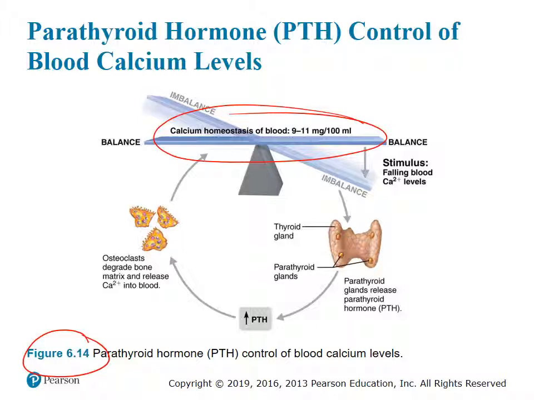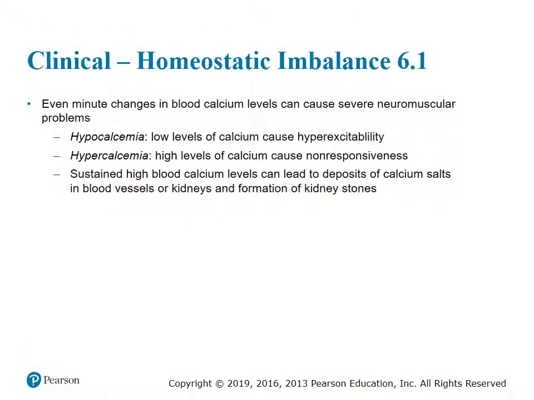And again, this shows you what happens when we have a drop in blood calcium. Here is the parathyroid hormone getting secreted, stimulates osteoclasts to eat bone, releasing calcium into blood, picking up essentially the balancing beam or the seesaw back to normal, right?